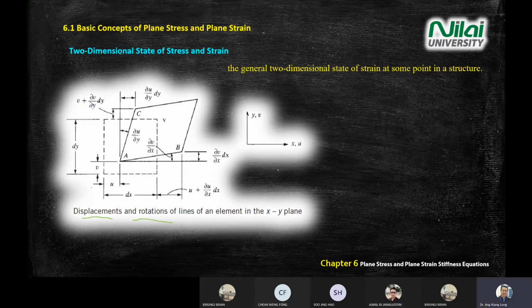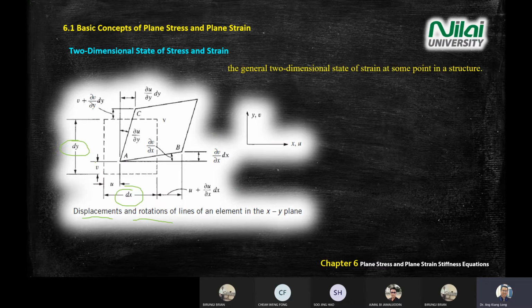All right. Now, for example, the original size of the element is dy versus dx. So if you take dx times dy, you get the area of the element. And then after that, a displacement or rotation happens.